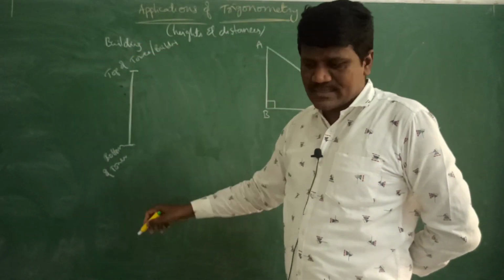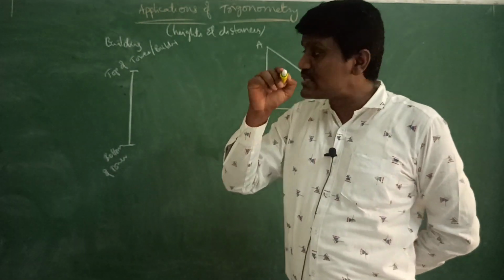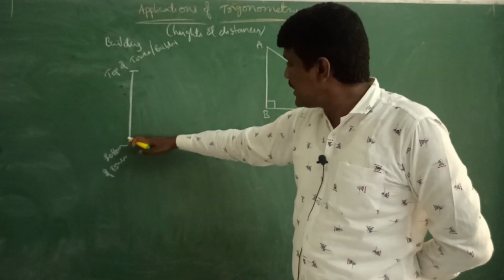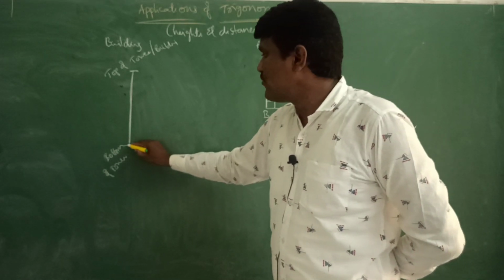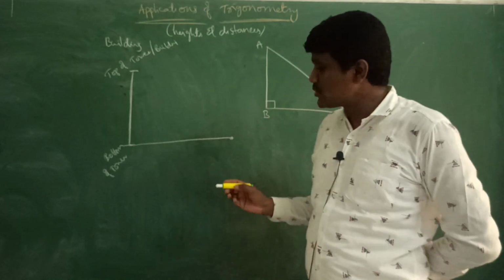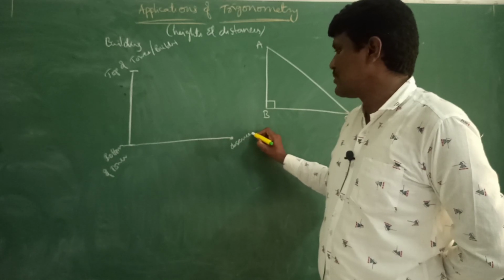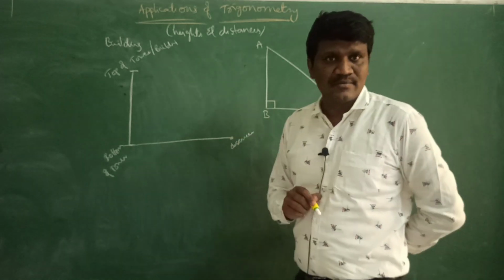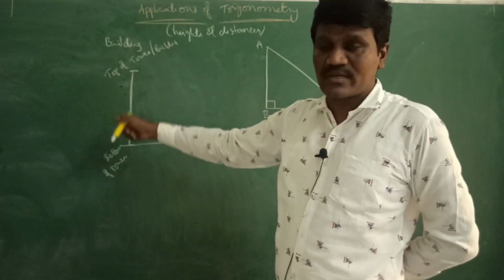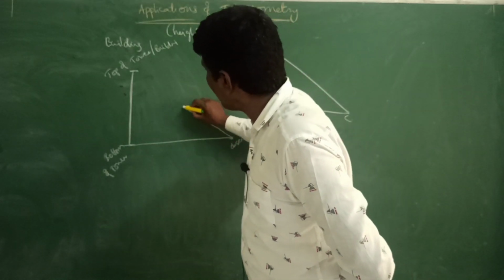If a building is there, to find out the height of this building, we need to see this building from a distance. Suppose from here to here a person is standing here. So this person we call the observer. Observer standing here. To find out the height of the tower, he needs to see from here with some angle.